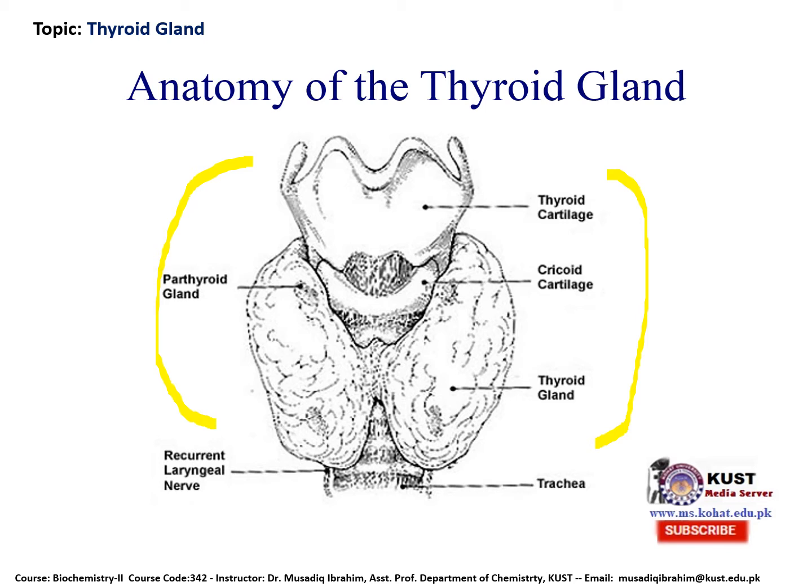The thyroid is highly vascularized and receives blood from the superior thyroid arteries and branches of the external carotid artery. Now the gland is drained by corresponding veins into the internal jugular vein.